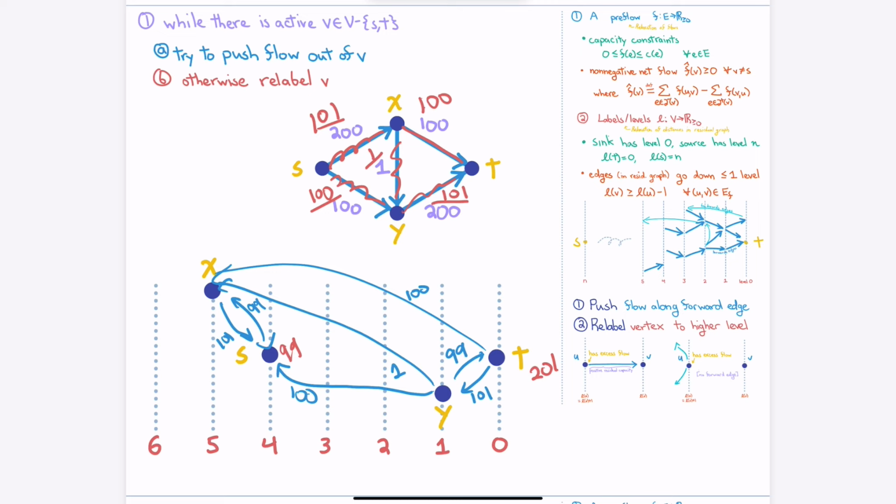Or what is the min ST cut in our graph? Yeah, it has S and X on one side, Y and T on the other. The cut has size 201.